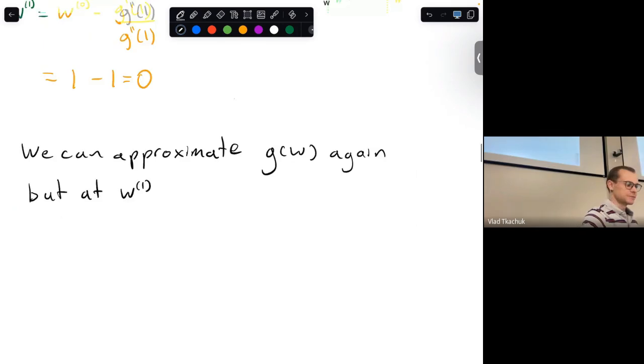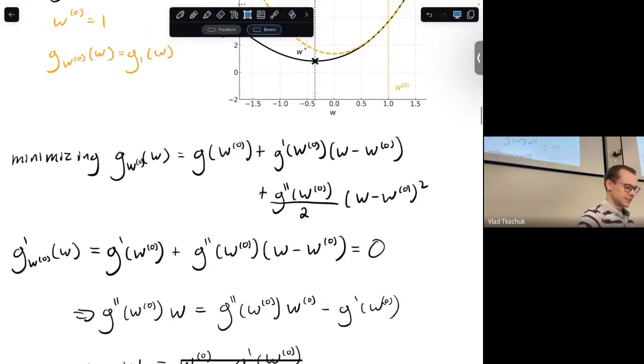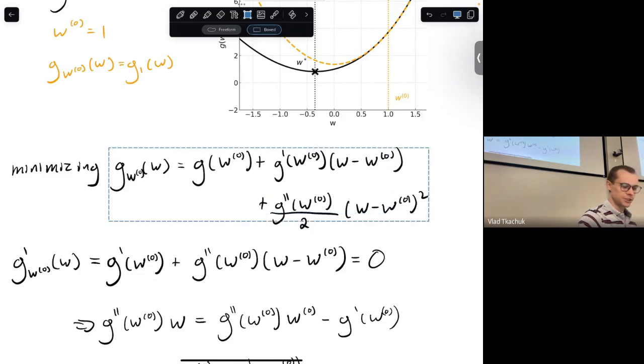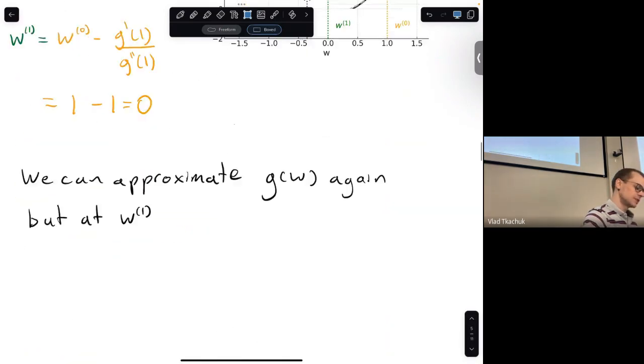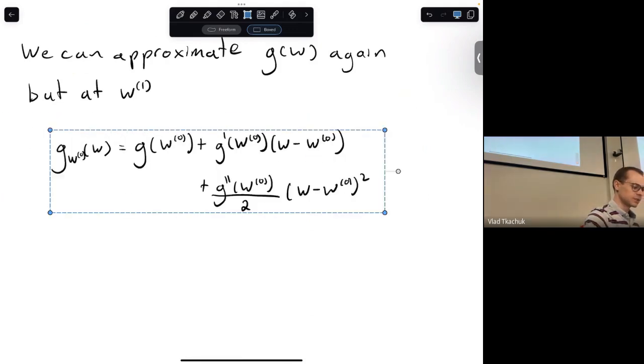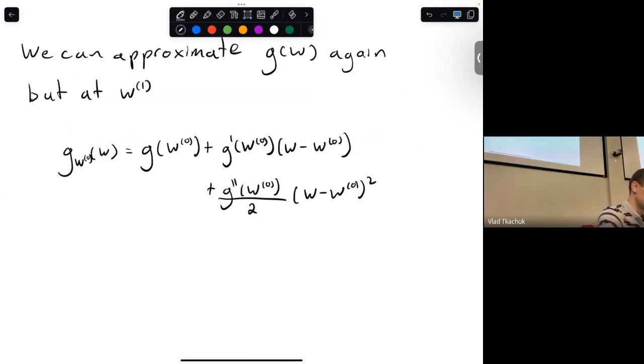So what do we get? Well, I just copy and paste the thing, which was our equation for the approximation at W0. So to be very explicit about it, now we're going to have an approximation at W1, and guess what? We just replace all these zeros with ones. That's the only thing that changes.